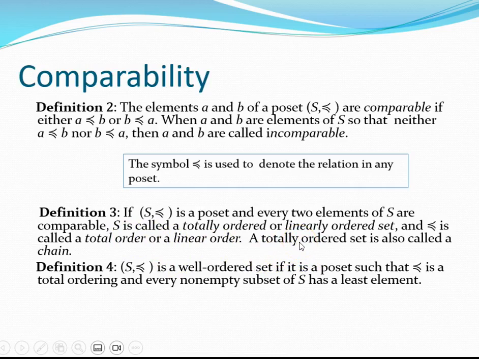A totally ordered set is also called a chain. Definition 4. A poset S is a well-ordered set if it is a poset such that the relation is a total ordering and every non-empty subset of S has a least element.